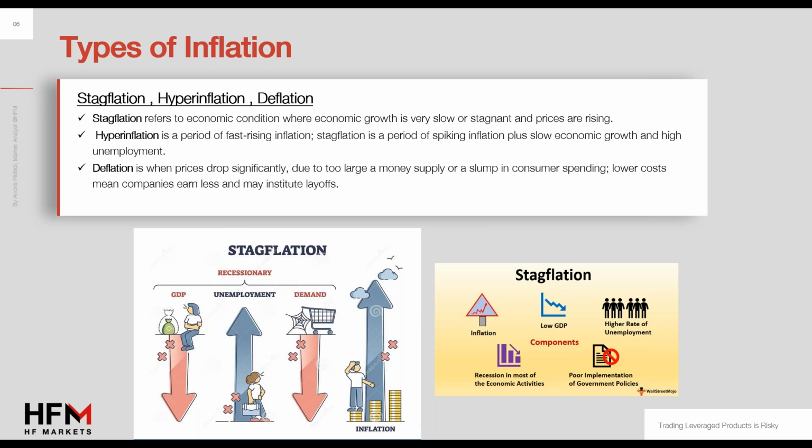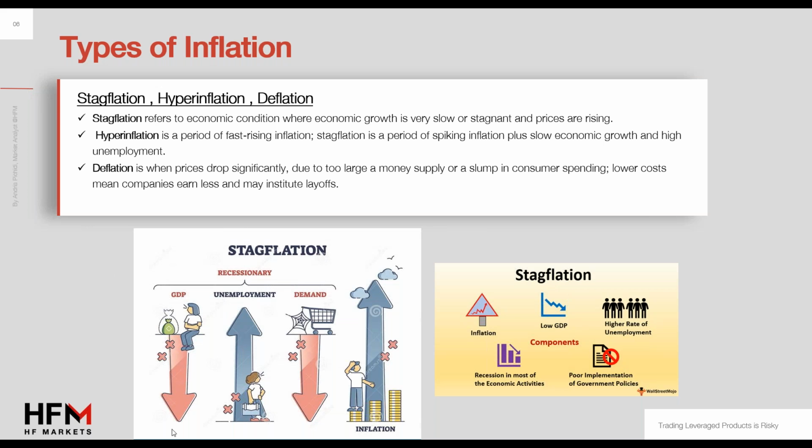So we have a slowdown in an economy's growth, right? That's why I've seen GDP declining over here, right? Unemployment rising. So this is a side effect of stagflation.